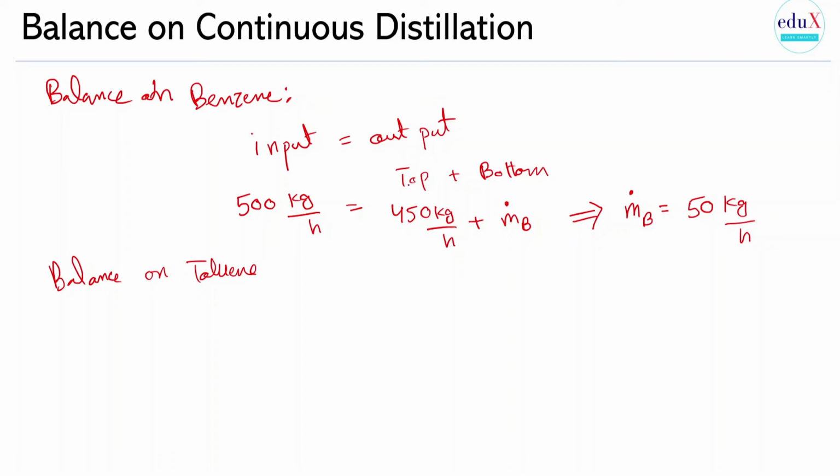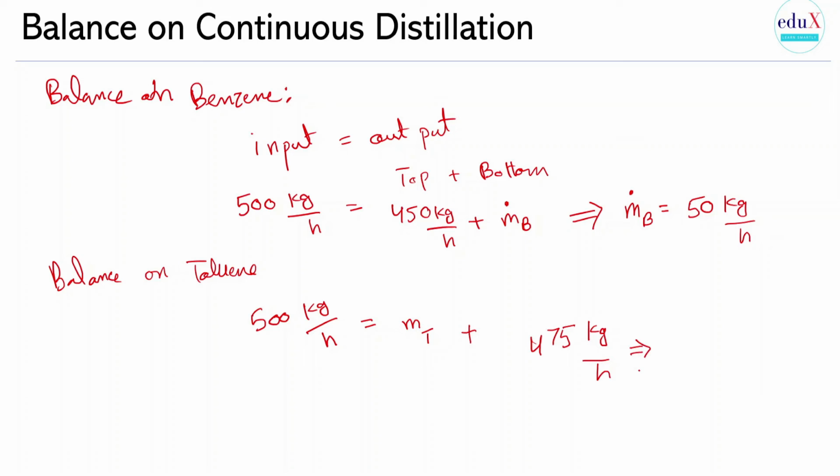Now let's apply a balance on toluene. Again, input is equal to output, and what is the input flow rate for the toluene? It was also the same, 500 kg per hour, and in output, in the top, we have to figure out the mass flow rate of toluene, whereas the mass flow rate of toluene in the other stream is given, that was 475 kg per hour.